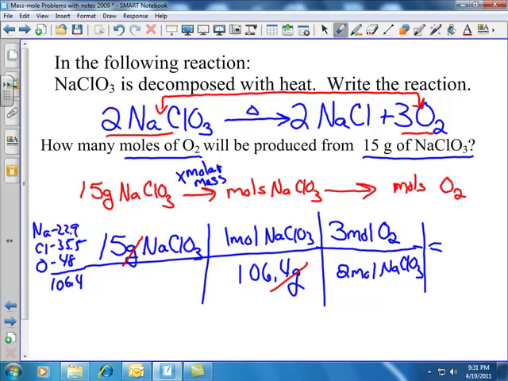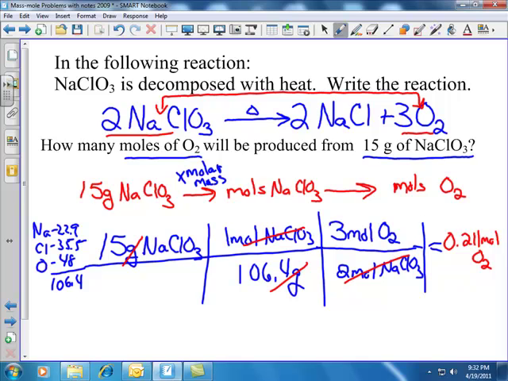Okay, and so now moles of NaClO3 cancels out. And so now you go ahead and do the math and you get 0.211 moles of O2.